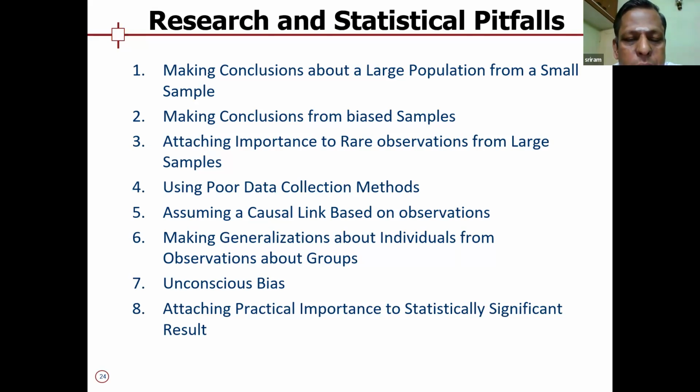Another pitfall is using poor data collection methods and assuming a causal link based on observation. This is very important. Suppose a cohort study. A cohort study is not an experimental study. Only in an experimental study can you clearly say this causes this. In a non-experimental study, even though you are analyzing a risk factor or causal factor, you should not say that.